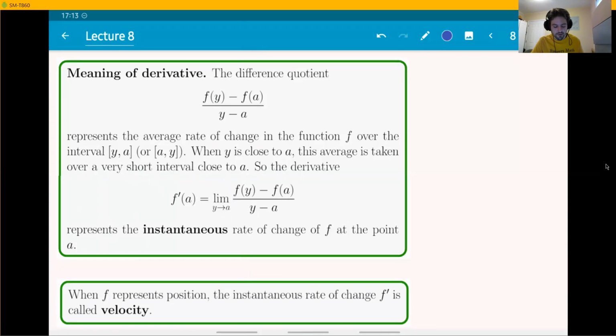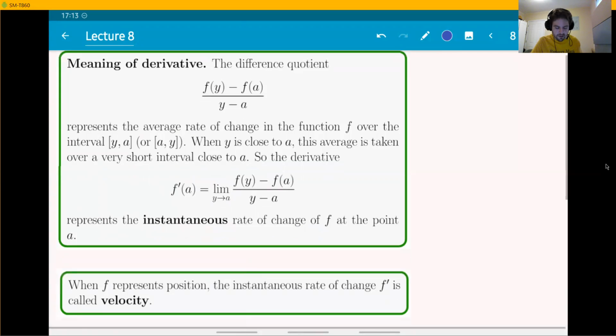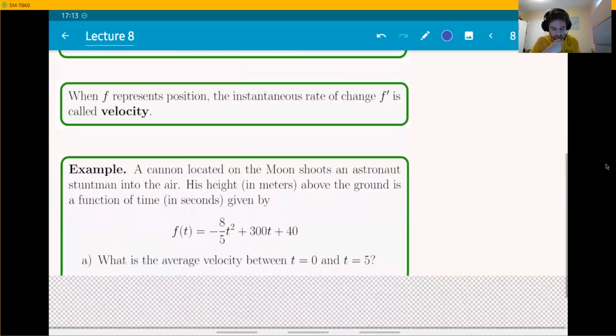That's the meaning of the derivative: instantaneous rate of change at the point where you're finding the derivative. And just a remark here, if f represents position, there is a name in physics for the instantaneous rate of change of position. It's called velocity. So just like this example will show you.